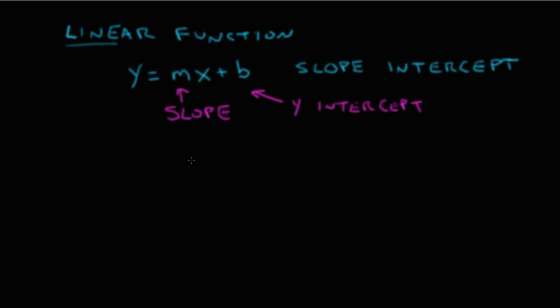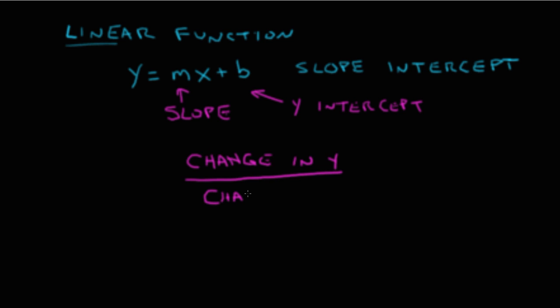Now your slope, that can be steep, it can be narrow, it can even be negative. But we express the slope of a line in terms of the change in the y direction, in the y-axis, as compared to the change in the x direction, in the x-axis.